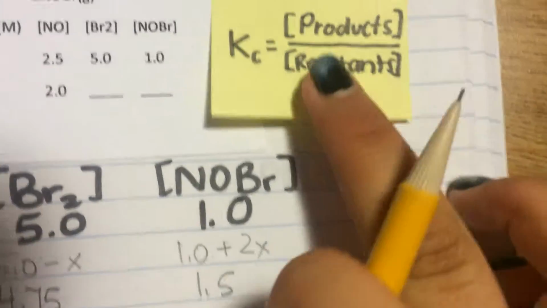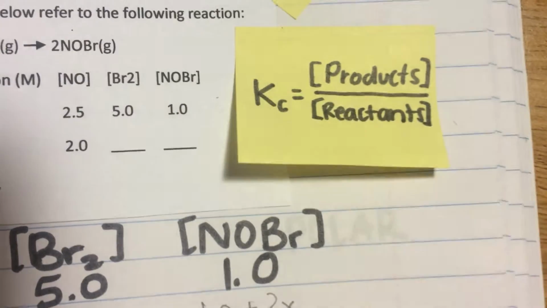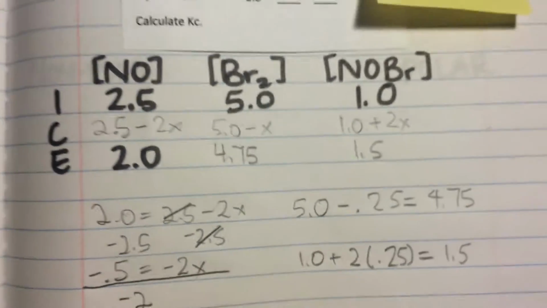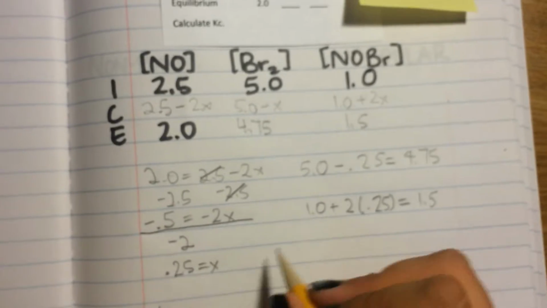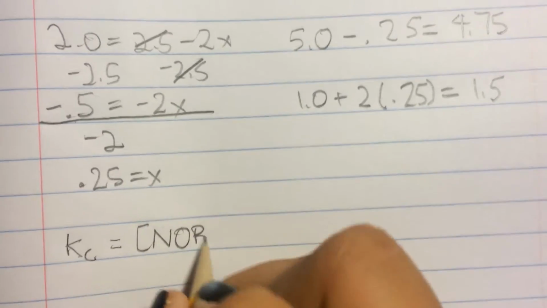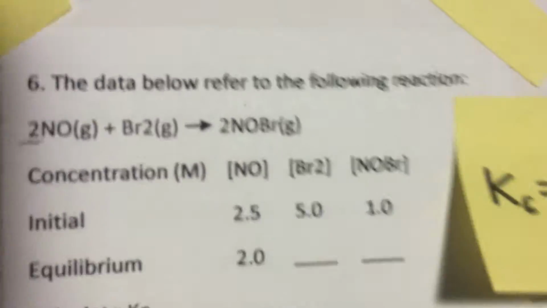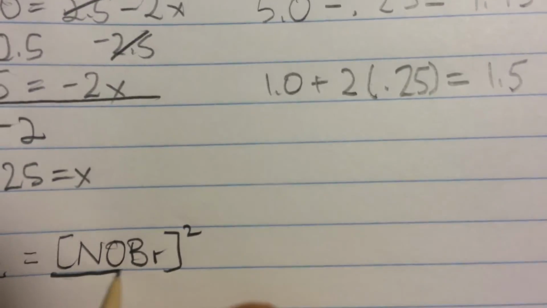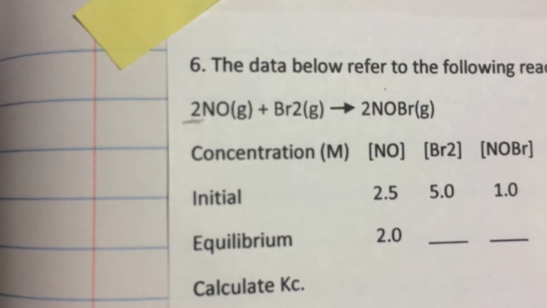Alright, so going back to this formula here, we can say that Kc is equal to our products, so that is our nitrosyl bromide, NOBr, but because there is a coefficient here of 2, we're going to put a little square here, over the concentration of our reactants.